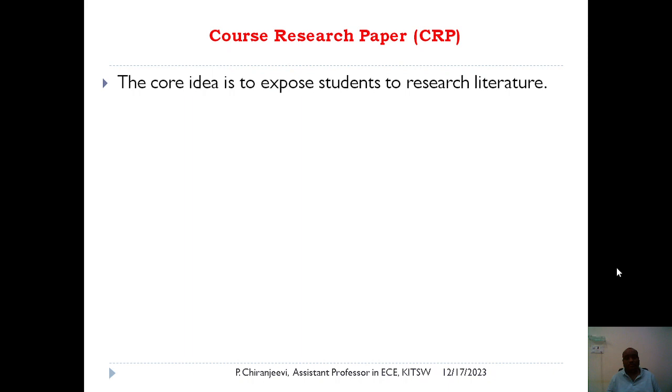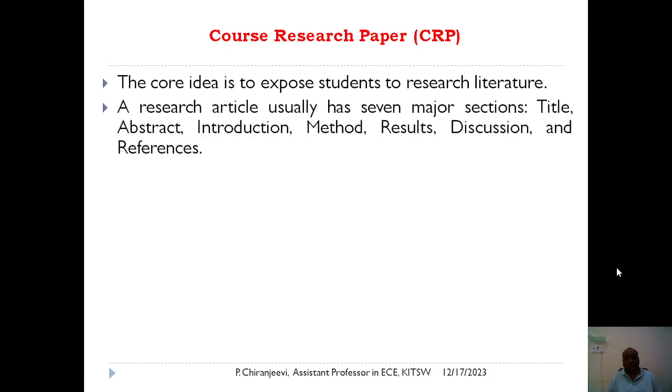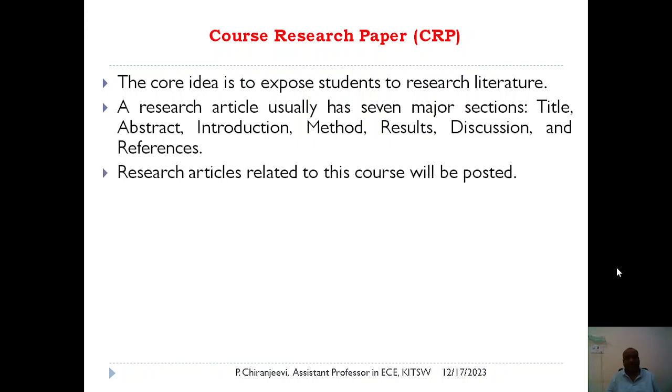And coming to course research paper, the core idea is to expose you to the research literature. Any research article will usually consist of seven major sections that include the title, abstract, introduction, method, results, discussion, and references. So here in our course also, we will be uploading the research article related to the course.